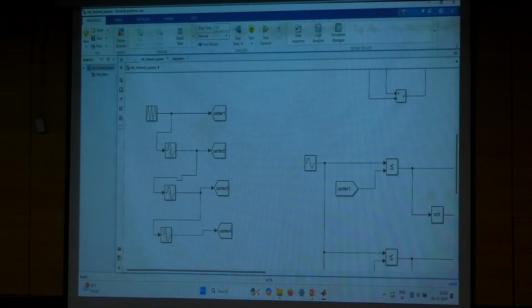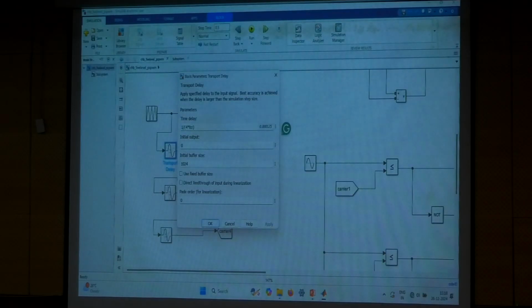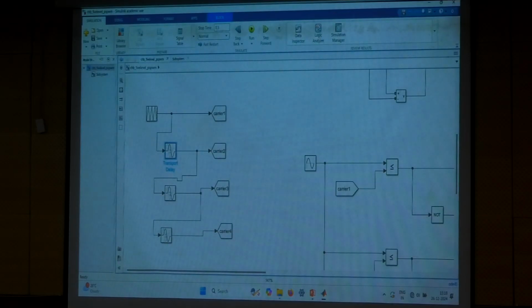The first one and second one have a slight shift. The shift is 1 by FCR, that is the period. So 1 by 4 into FCR gives you 90 degrees of the carrier period, right? If you do so, that becomes a phase shift PWM technique, right?